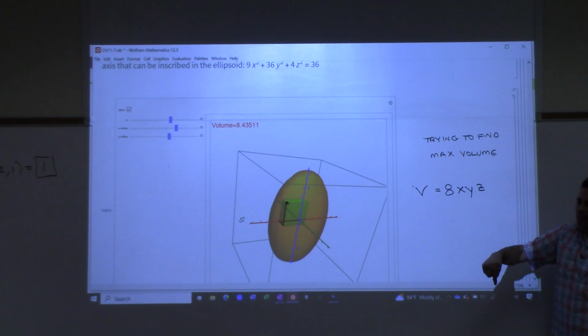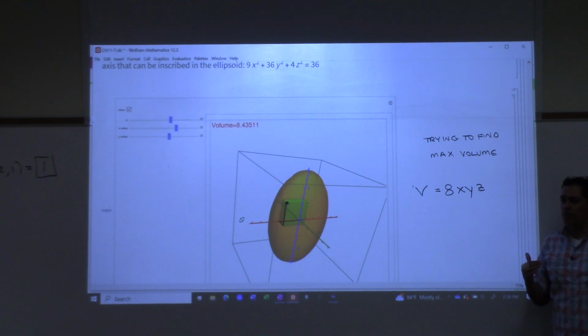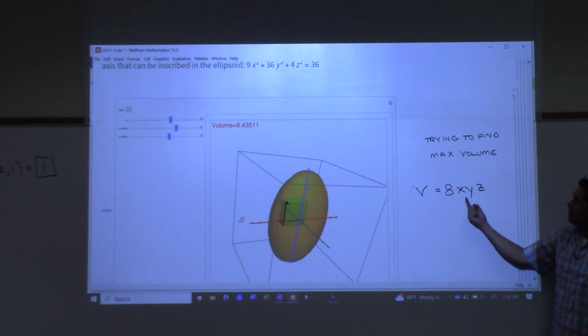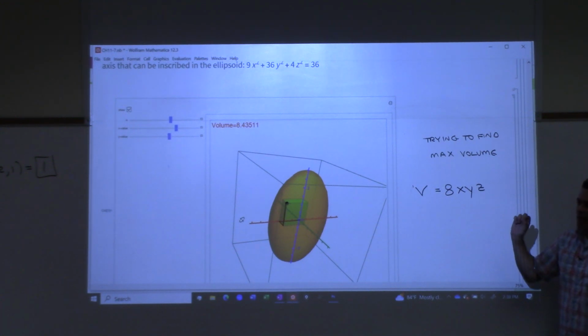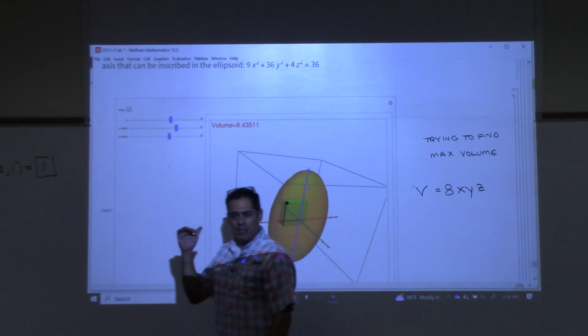What we've been doing in this section is trying to find the max and mins of functions of how many variables? 2. How many variables do we have here? 3, right? You need x, y, and z. But there's a catch. This z value has to hit the ellipsoid, doesn't it?